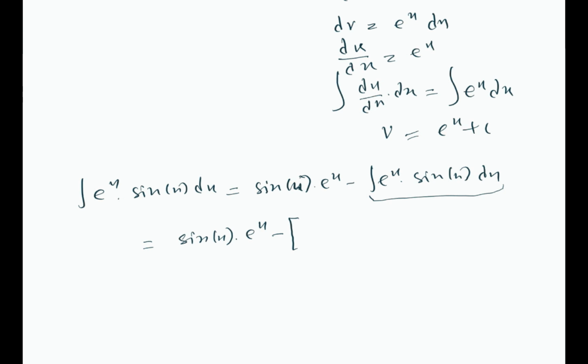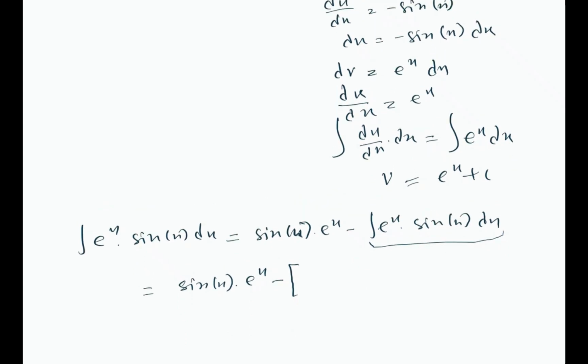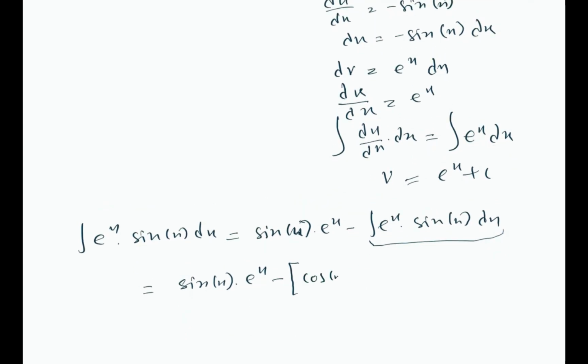Our u would be cos of x, and our v is equal to e to the power x, right? And our du is equal to minus sine of x dx, right?